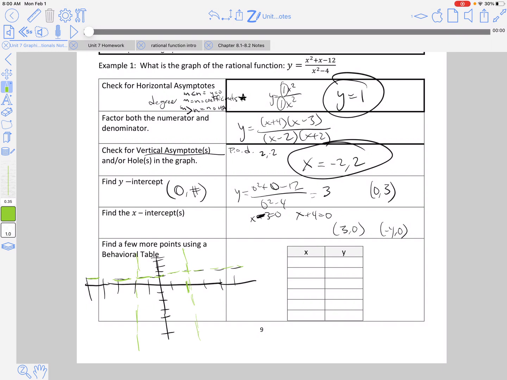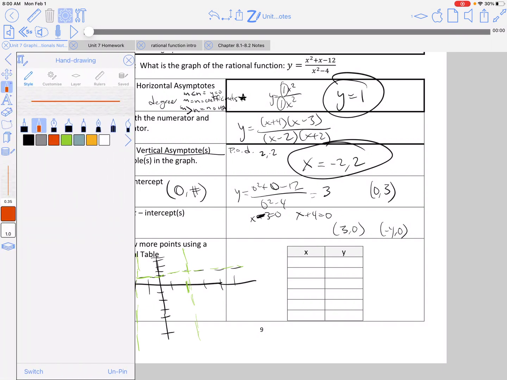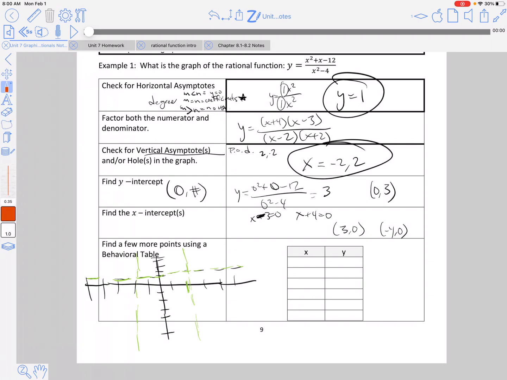Okay. Now, let me explain the thing about asymptotes. Asymptotes are kind of like lines on a road. They really help us know where the graph's going to go. The graph's going to get really close to it, but never touch it. We don't know which direction it's going. It could be up here, it could be down here.